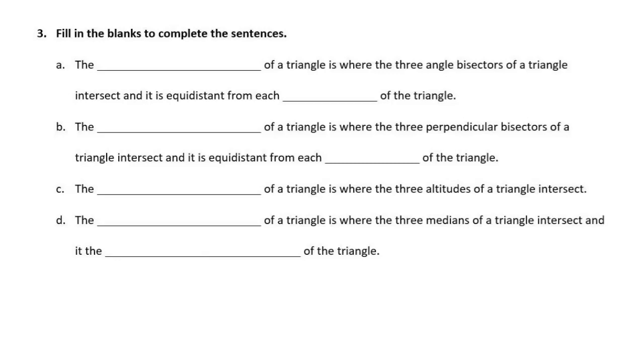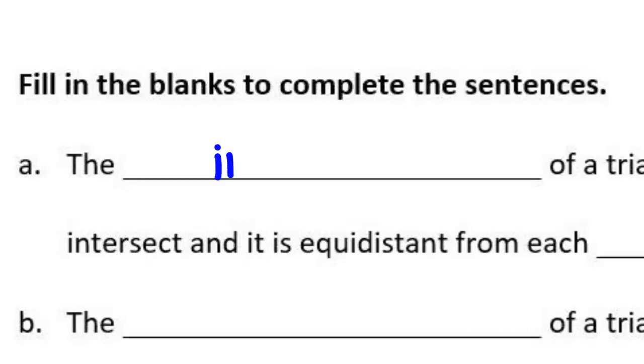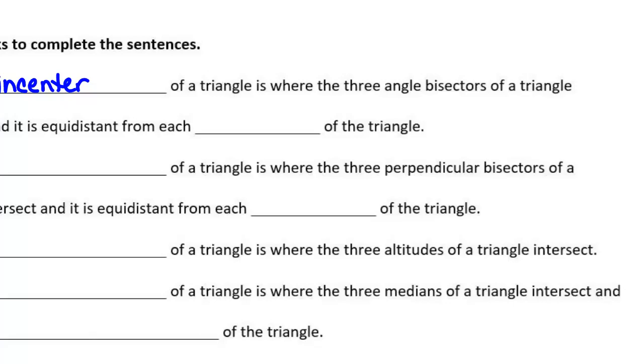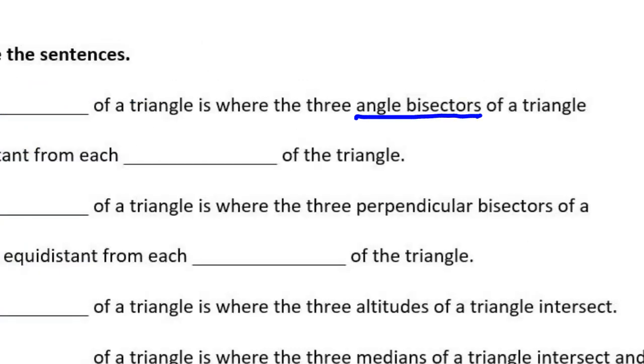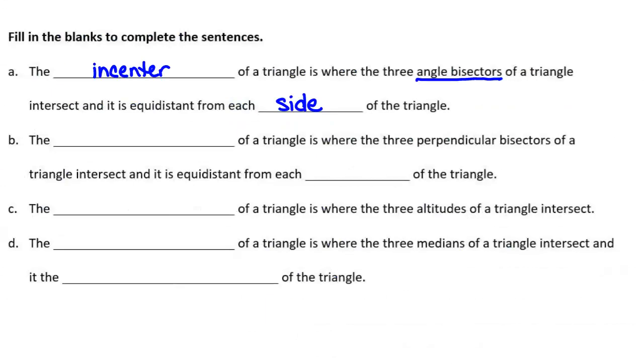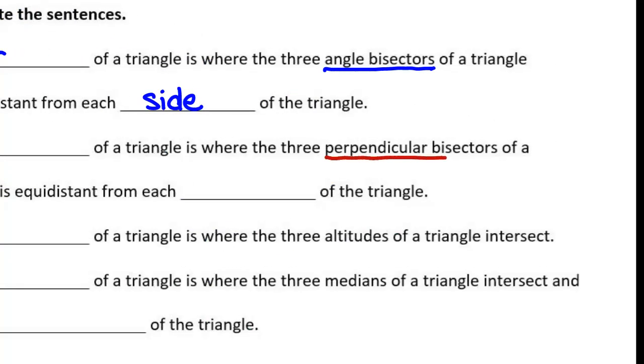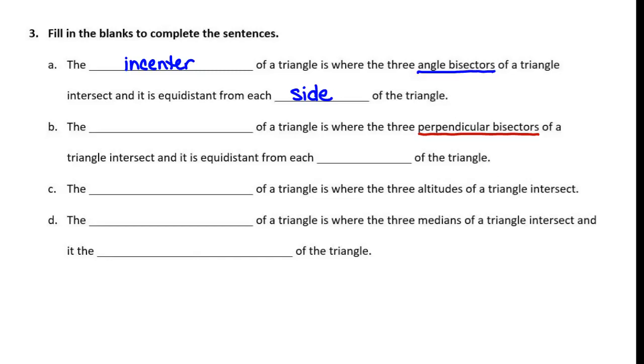The blank of a triangle is where the 3 angle bisectors of a triangle intersect, and it's equidistant from each blank. This is the incenter. The incenter is where the angle bisectors intersect, and it is equidistant from each side of the triangle. The blank of a triangle is where the three perpendicular bisectors intersect, and it is equidistant from each blank of a triangle.